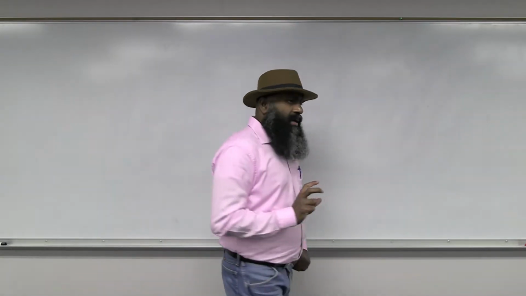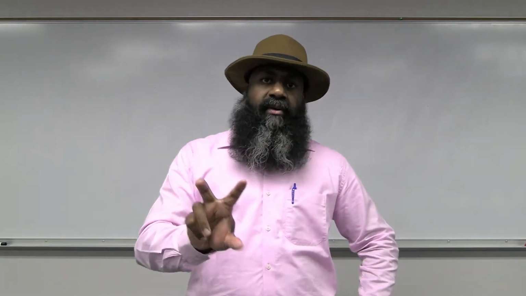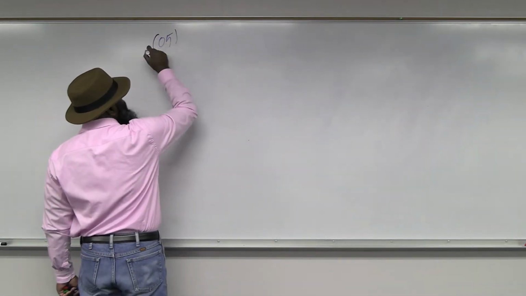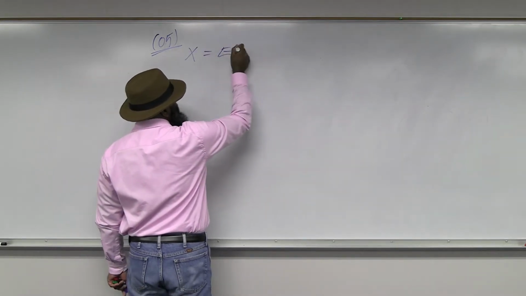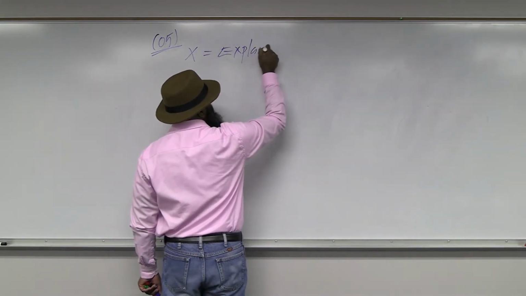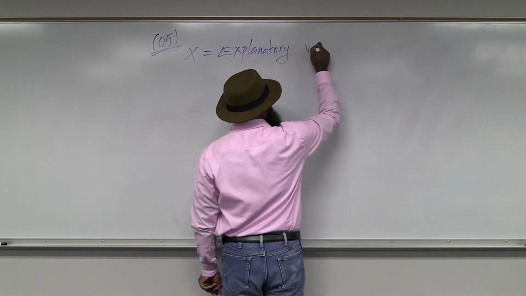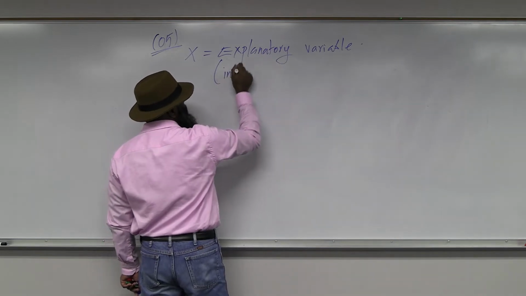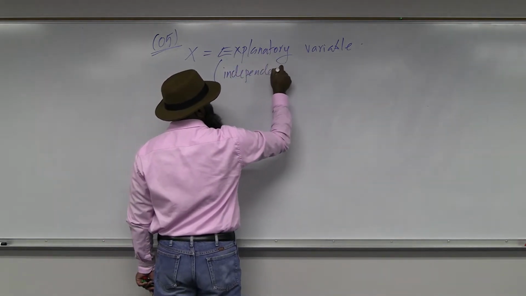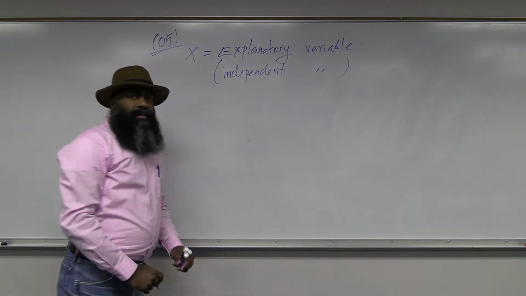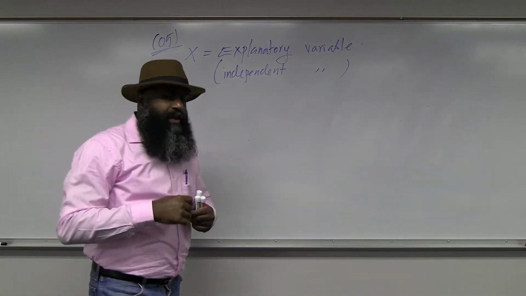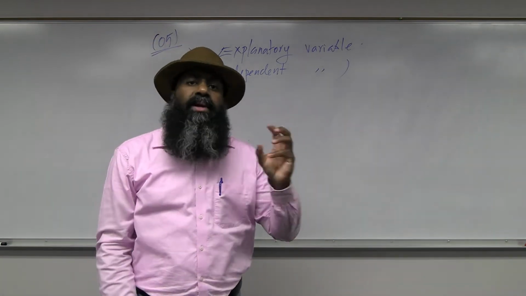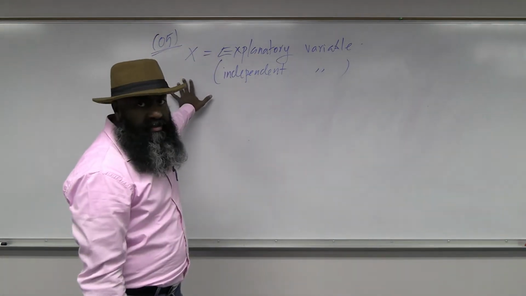It's done using a little bit of scientific knowledge regarding the variables. So the variable x is called the explanatory variable, also called in mathematics the independent variable. That means the person who collects the data or the person who designs the experiment has some control over this variable.